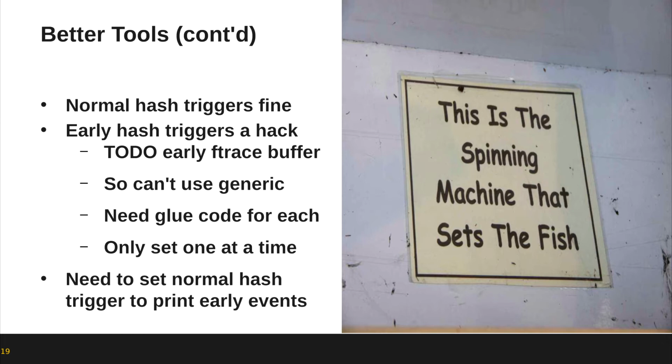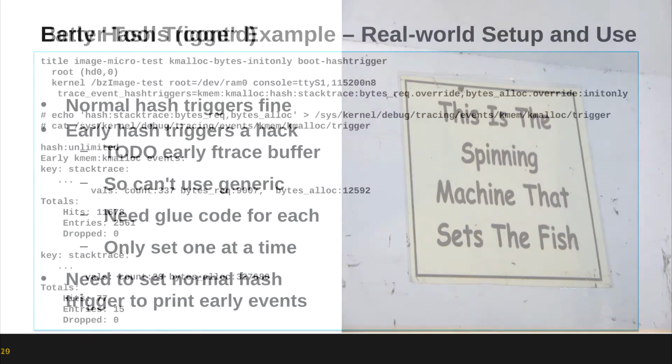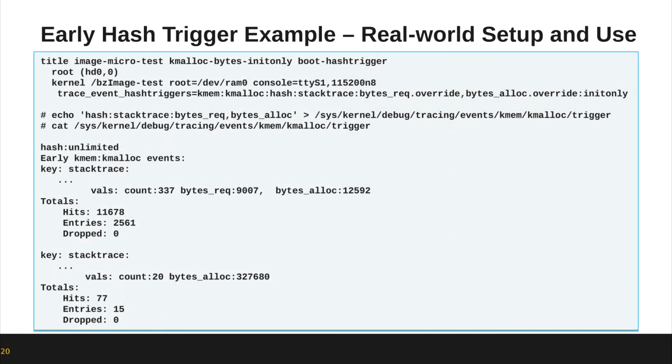The big restriction there is you can only do one at a time, and then in order to read the data that's there, you have to actually set another hash trigger to read the data. Here's concretely what that means. Up here is the kernel command line that actually sets the early hash trigger. You can only do one of them.